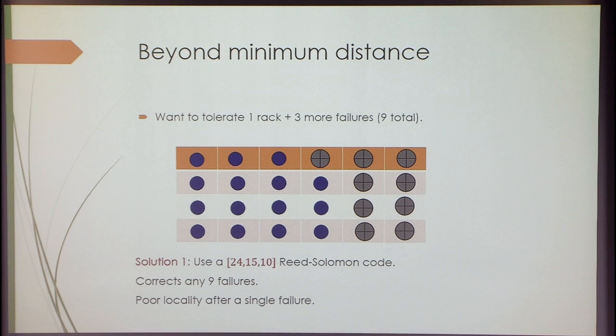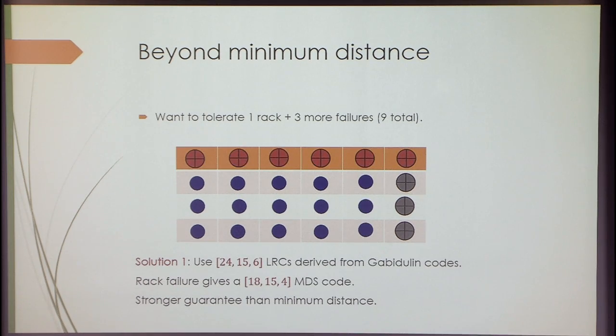Which would work fine, but the trouble with a layout like this is even if 1 machine fails, then to serve a read to that machine, you're reading a ton of data. This is the original reason we said we want to do something different from Reed-Solomon codes. The other solution would be to use these LRCs that we saw last time, which were derived from Gabidulin codes.